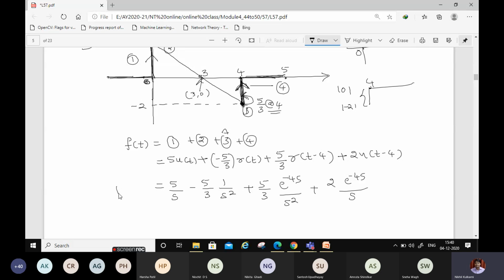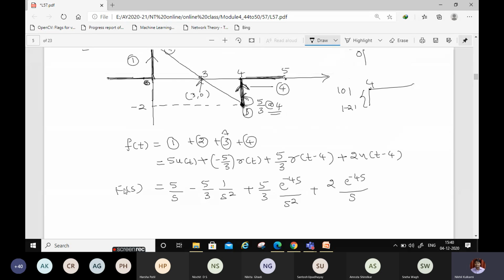This is the Laplace transform of this signal. Understanding this? How these signals have arrived, I have told in the previous class. That detailed thing I have told you. This is the shortcut method anyway.